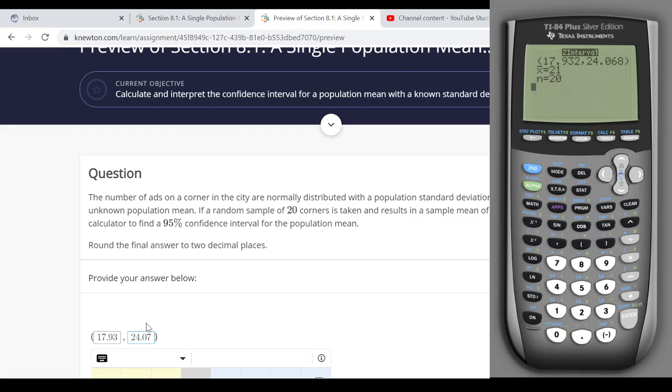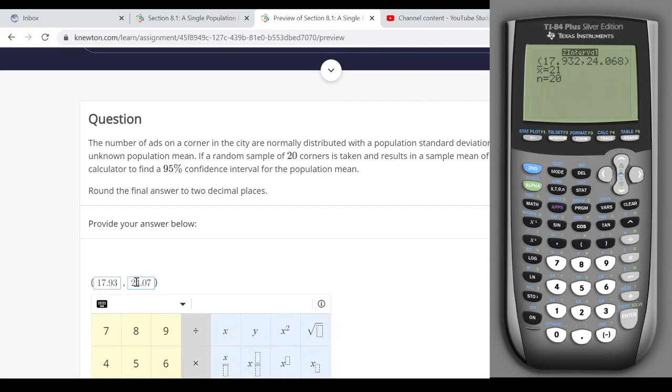And then now that I have these, you could find the margin of error by taking the distance between these and then cutting it in half. Remember, when you're given an interval, you can easily find the margin of error. Make sure that the sample mean, the 21, is exactly halfway between, and it is. I would add 3.07, subtract 3.07.